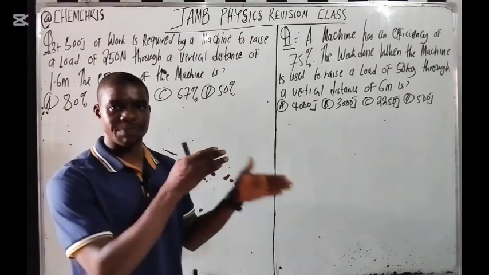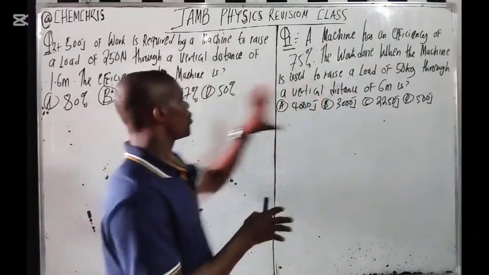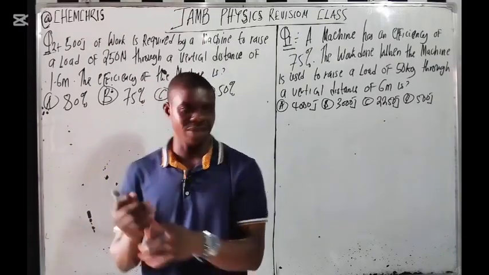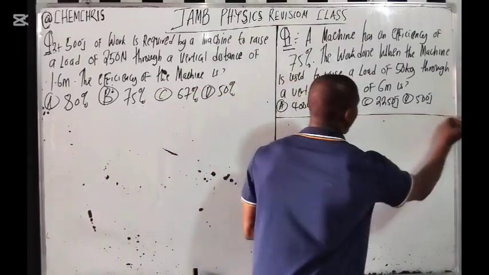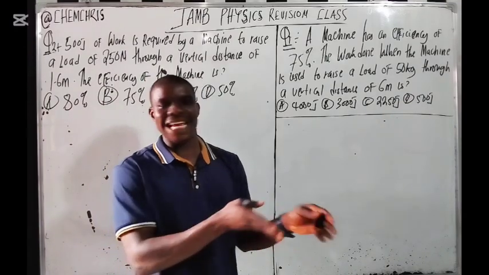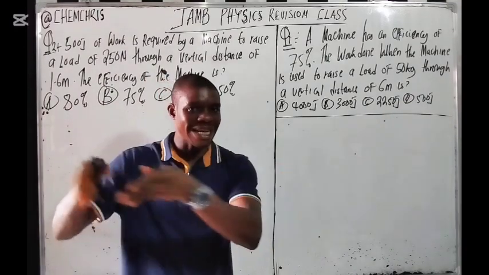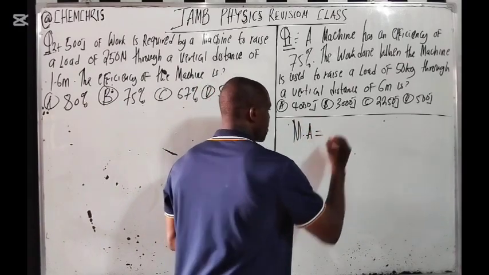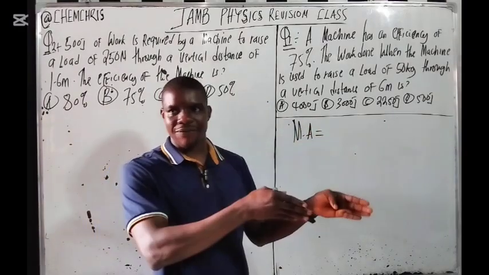So we are starting with machine. We have these two questions on machine, but before I start, you need to understand what a machine is. The first term you need to understand in machine is called mechanical advantage, which is MA.